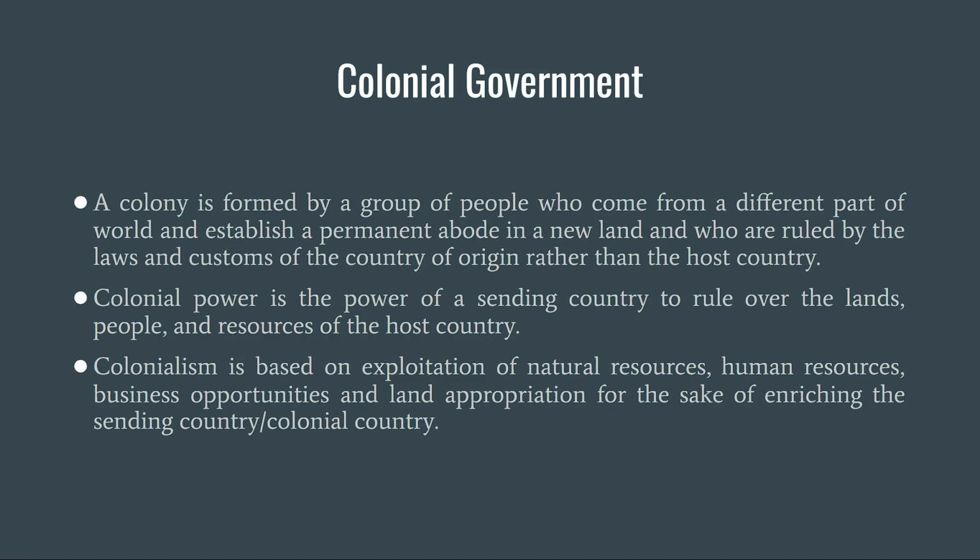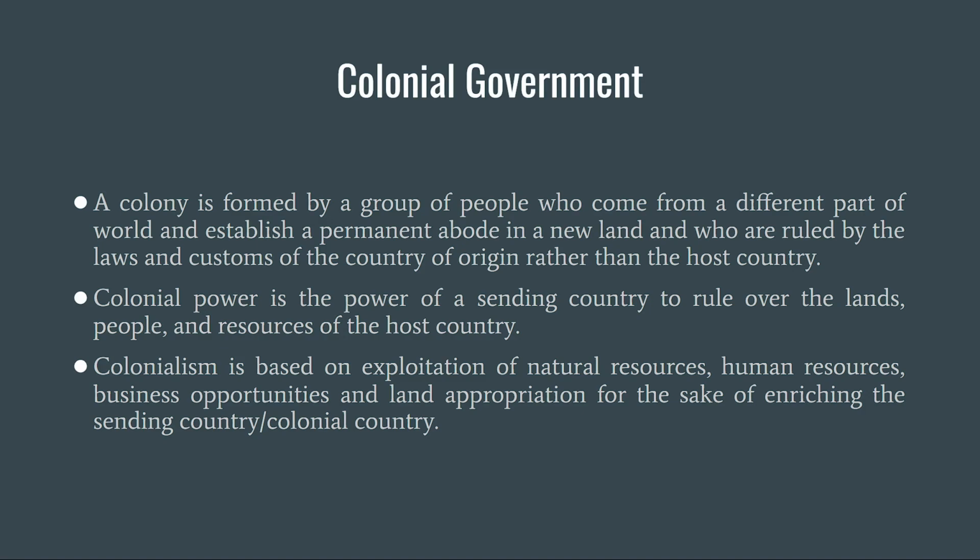And then another reason is that if the colonial power annexes that land, it will have to provide the people with the same rights and liberties that the mainland people have, and the mainland people can call themselves citizens. The colonial people will also be able to call themselves citizens of that colonial power.